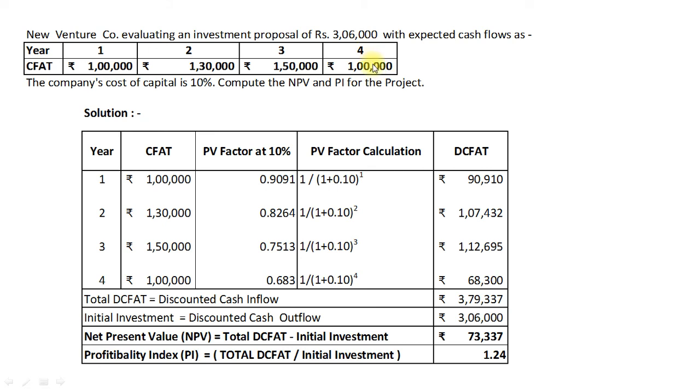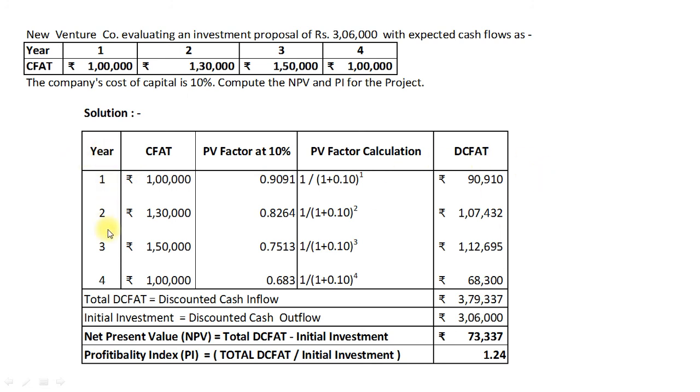Okay. Now the company's cost of capital is 10%. So this cost of capital rate 10% will be considered as our cutoff rate or our discounting factor, discount rate 10%. Okay. Now with this information we will calculate discounted cash flow after tax, and for that we have prepared one table.